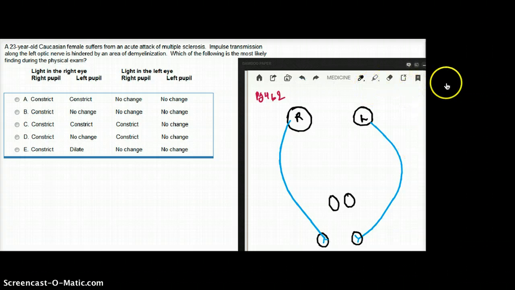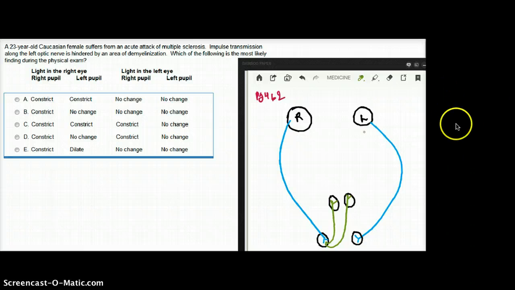I want to make this a different color so that we can distinguish. One goes to the one on the right side, from here to here. The other is also going to go from the right side to the left side.